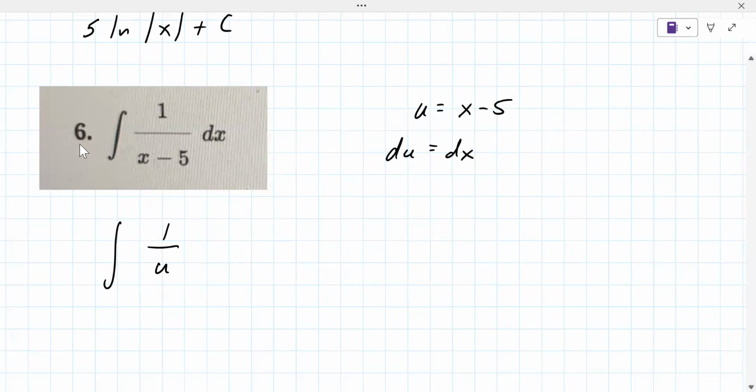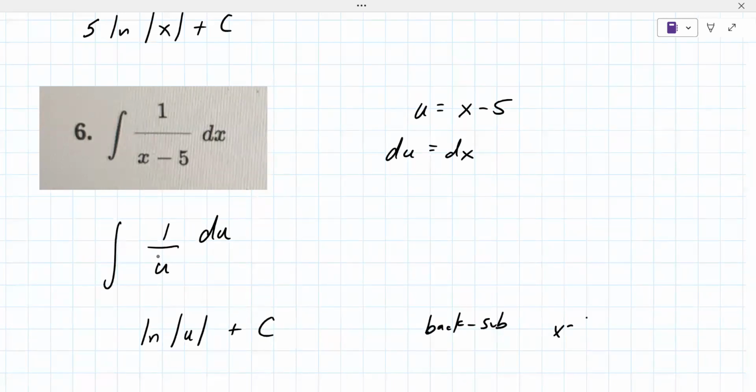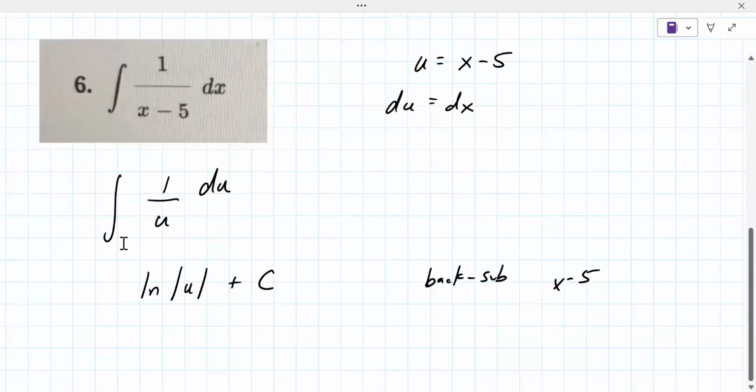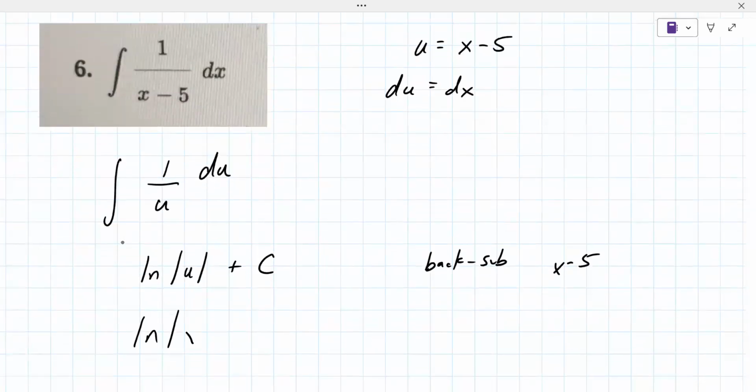So when you substitute in for dx, it's just du, and now this is something that you know how to integrate. You always go back to something that you know. So this is the natural log of the absolute value of u plus c, but then you back substitute x minus 5 in for u. So it becomes the natural log absolute value of x minus 5 plus c.